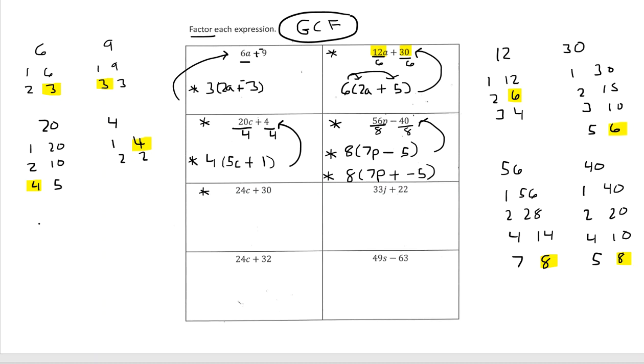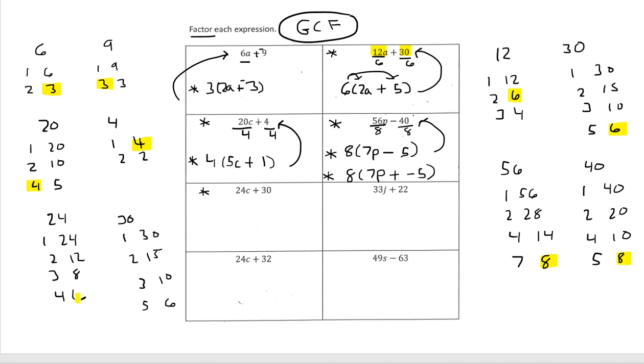So first step is to find the greatest common factor between 24c and 30. Factors of 24 would be 1 and 24, 2 and 12, 3 and 8, 4 and 6. Factors of 30 would be 1 and 30, 2 and 15, 3 and 10, and 5 and 6.